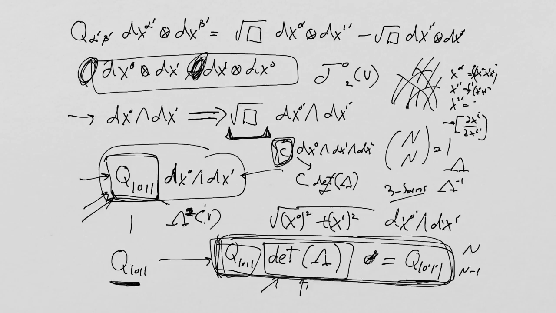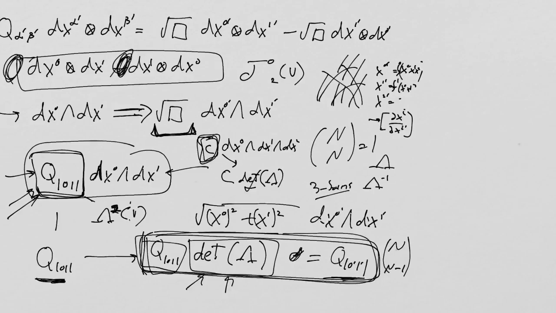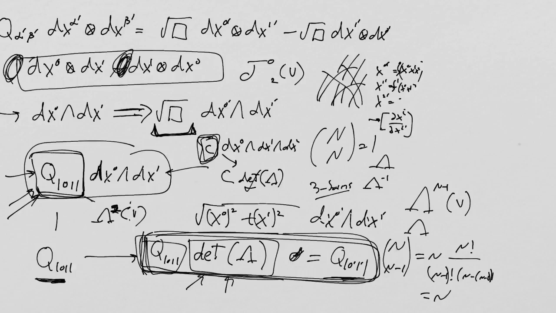By the way, that is going to equal n, because it's n factorial over n-1 factorial times n minus n-1 factorial, which is 1 factorial. So that ends up being equal to n. So in the n-dimensional case, you have a different rule. This is not the rule for the circumstance where you're looking at forms that live in this space, and there's a different rule for forms that live in that space.